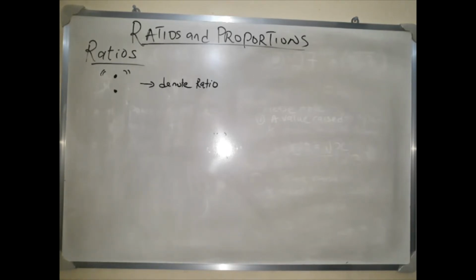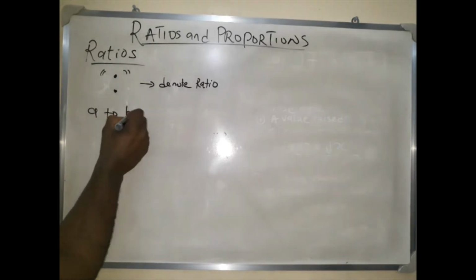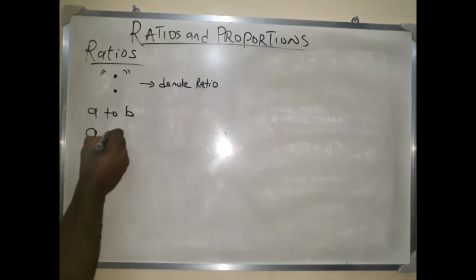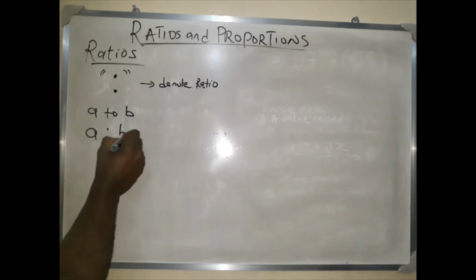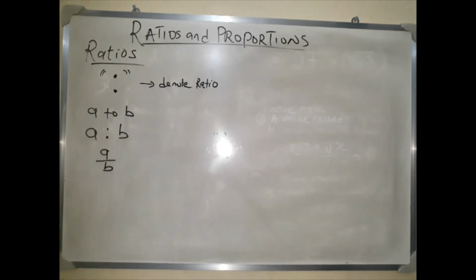A ratio can also be written as a fraction. Hence, a ratio can be represented in three different forms, such as A to B, A ratio B, or A over B. So these are the ways that you can represent a ratio.